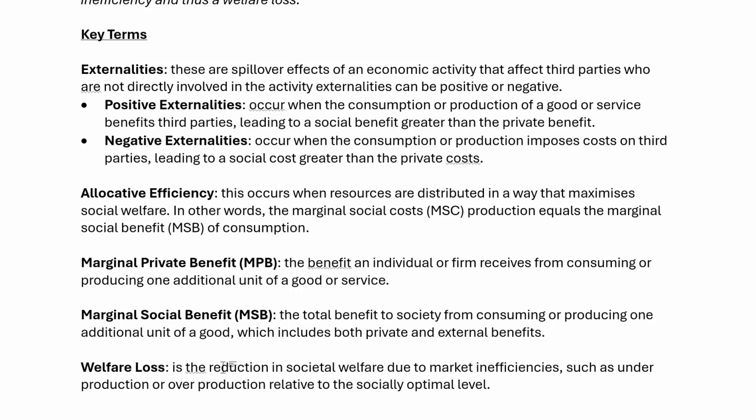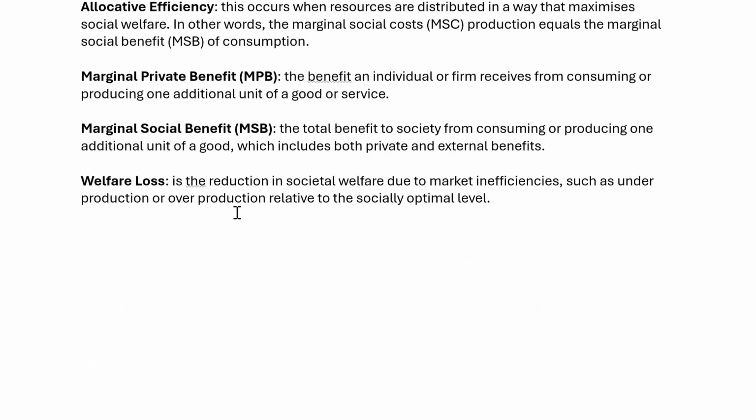Okay, so now we've defined our key terms. I think this is a pretty good list of all the important terms that we're going to have to talk about. Next, I'm going to draw a little diagram.